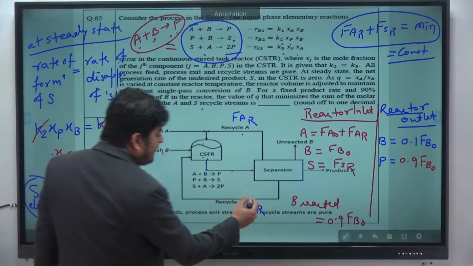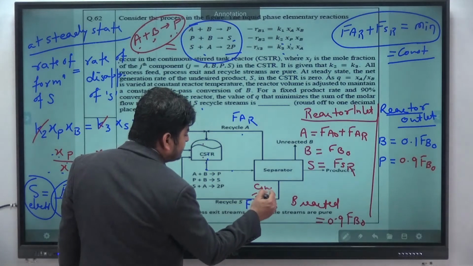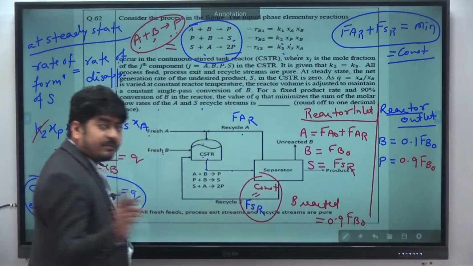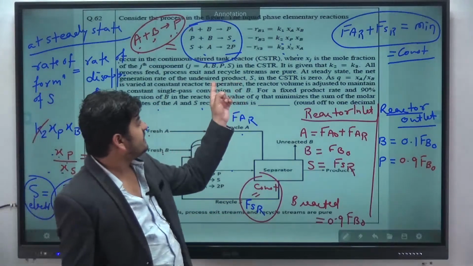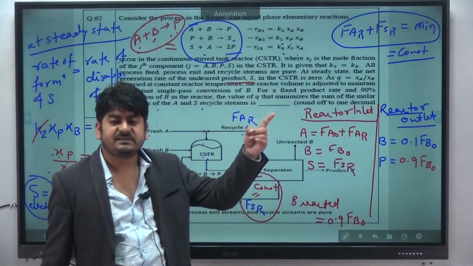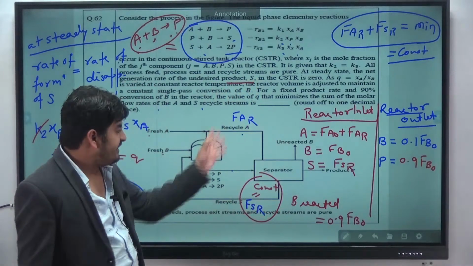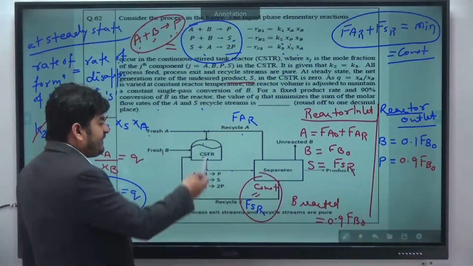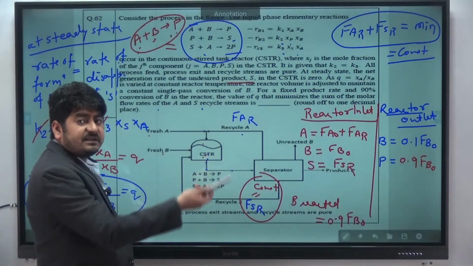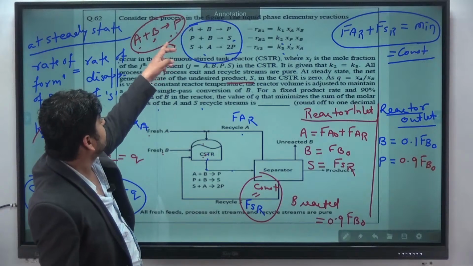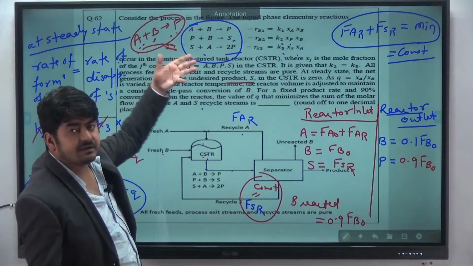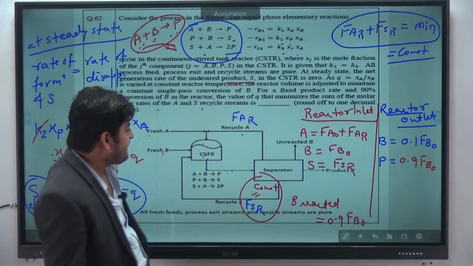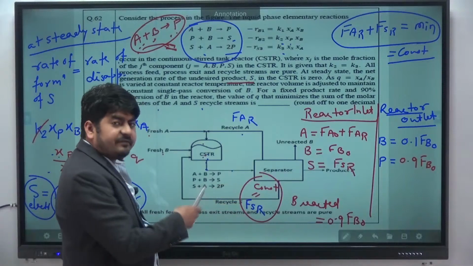So that means the amount of S here will remain constant. Remember this, because it is given that the net generation of S in the reactor is 0. And we don't have any other place where S can be formed, only in the reactor. So if the amount of S generated in the reactor is 0, obviously this overall reaction we can consider easily, and whatever S is there, it will remain constant.